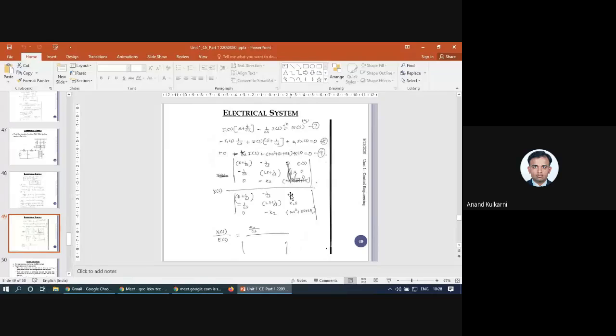At the same time you will come to know the advantage of the block diagram: by representing a system in block diagram form, you will come to know instantly whether a particular system is an open loop system or a closed loop system. Otherwise, if you study only physical systems, you will not come to know that. So we'll stop here.